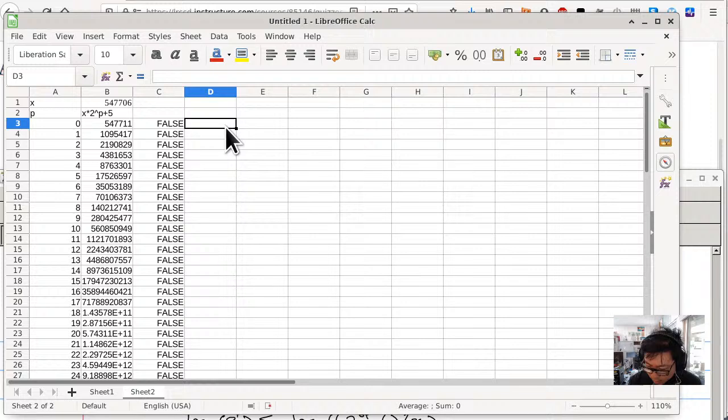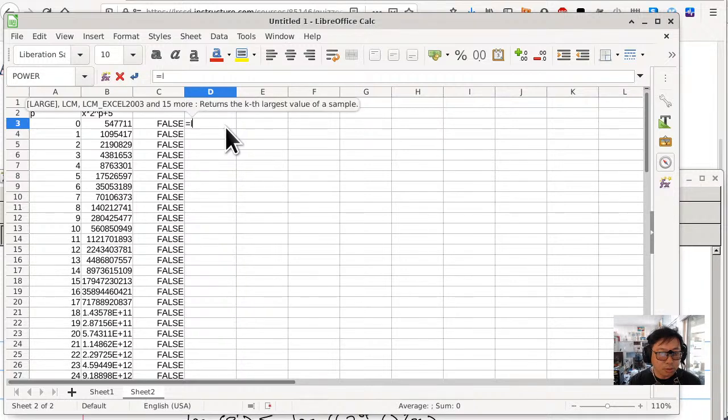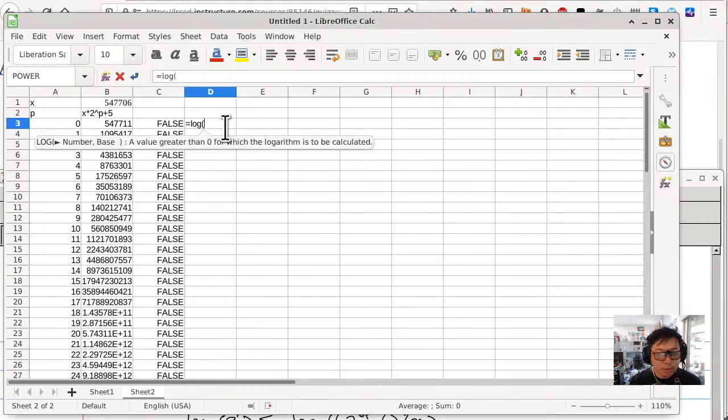So we'll go ahead and enter the equation. So p is going to be the log 2. In LibreOffice, log can specify a base, which is really handy. If you specify a base of 2, then it becomes a log 2.